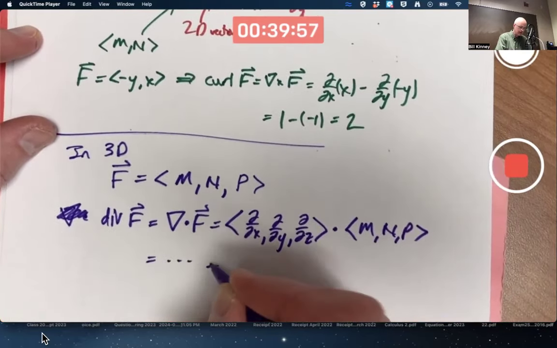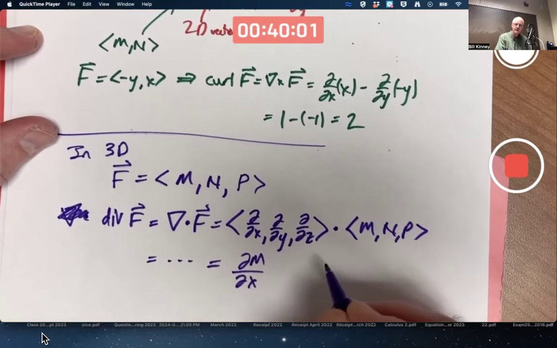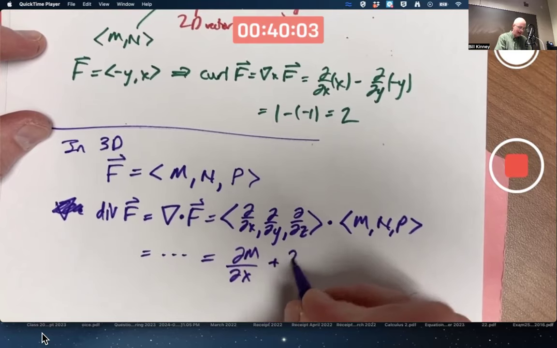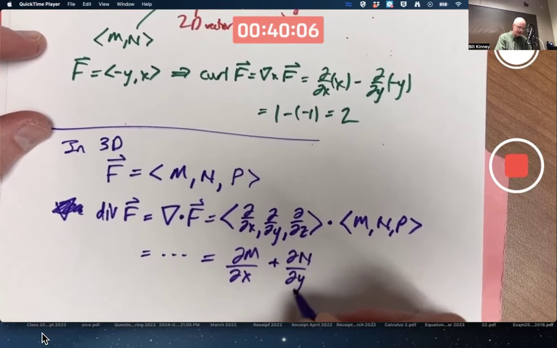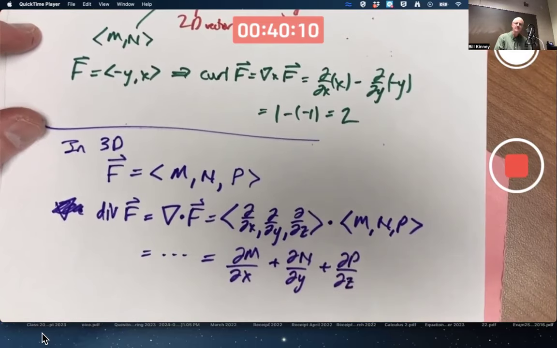That's just convenient notation. That means differentiate the first component with respect to the first variable, add the derivative of the second component with respect to the second variable, add the derivative of the third component with respect to the third variable.